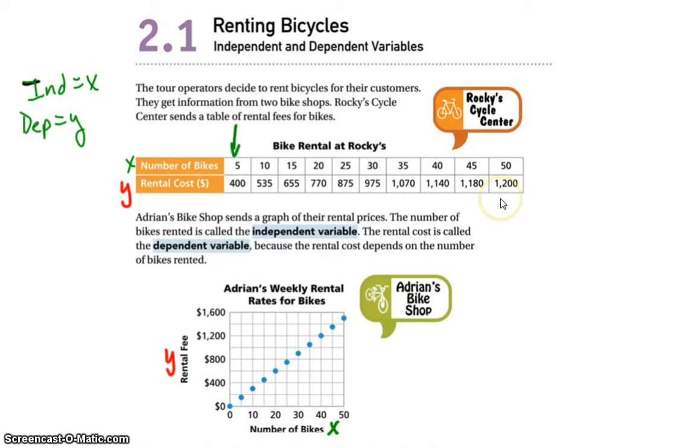So the price per bike actually decreases for the amount that we rent. Looking down here at Adrian's, this is an increase, and if we connected the dots, we'd get a straight line. So it's a steady rate of increase, which means that Adrian's price is the same no matter how many bikes that we rent.